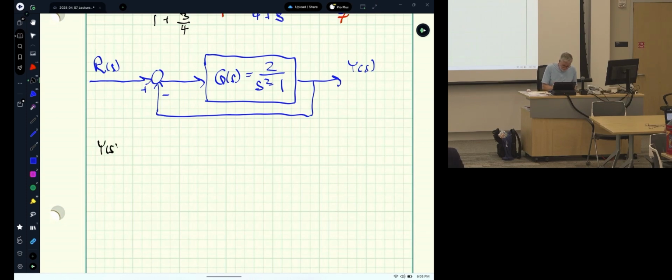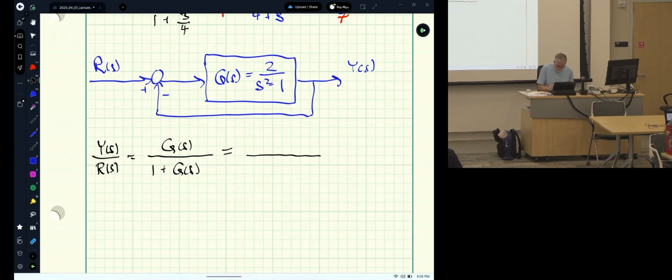So y of s over r of s, we have our abstract formula: g of s over 1 plus g of s. Ooh, rational function over 1 plus rational function. But that's just the same thing as a rational number. So how do I simplify this and write it as a polynomial over a polynomial?